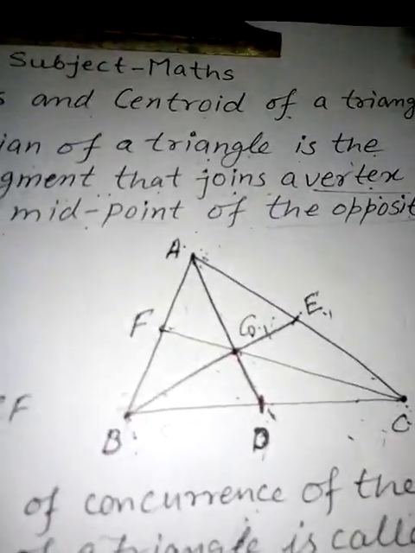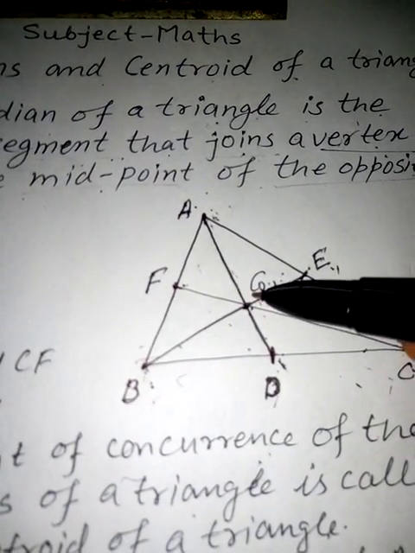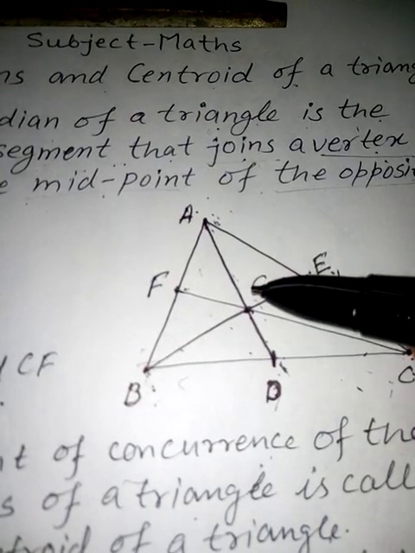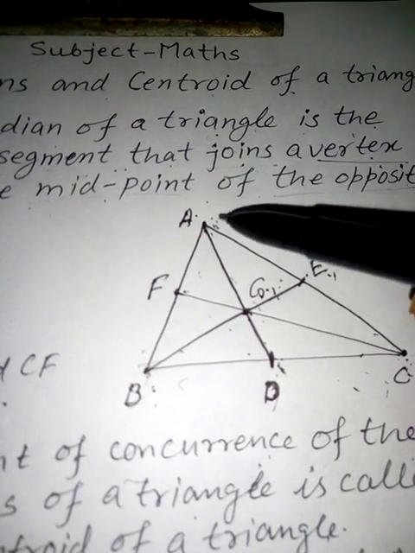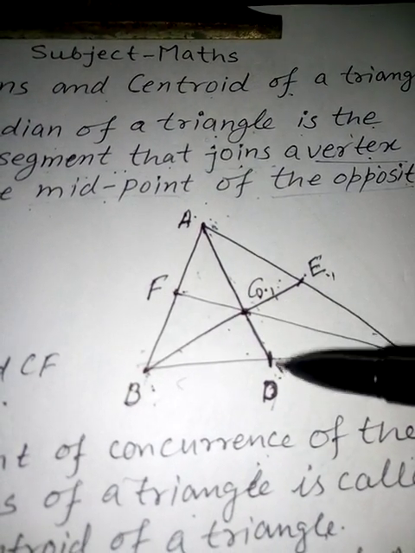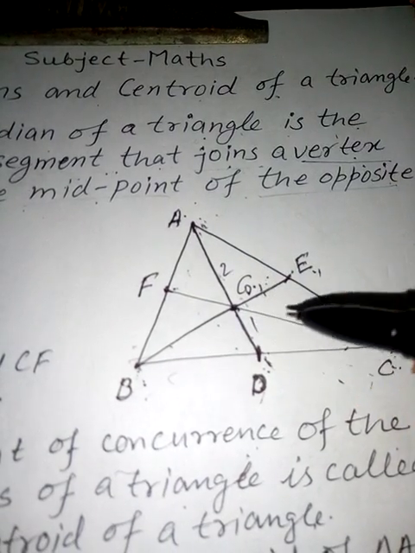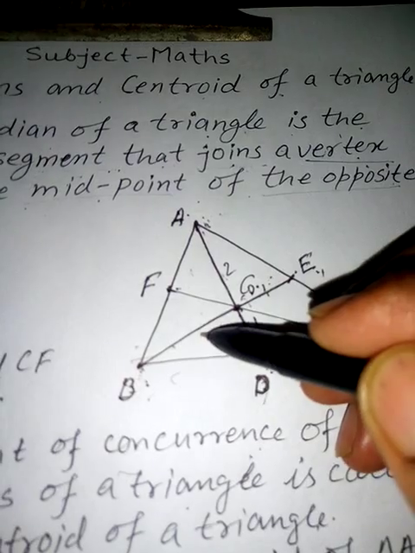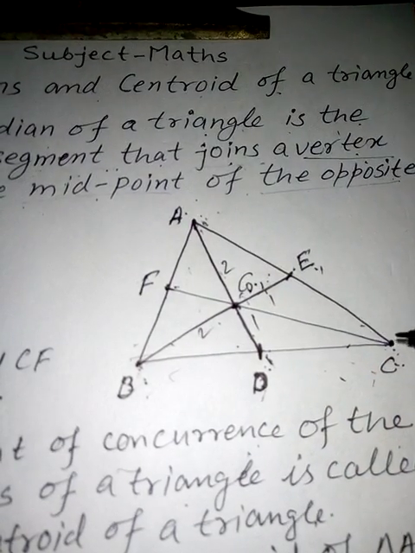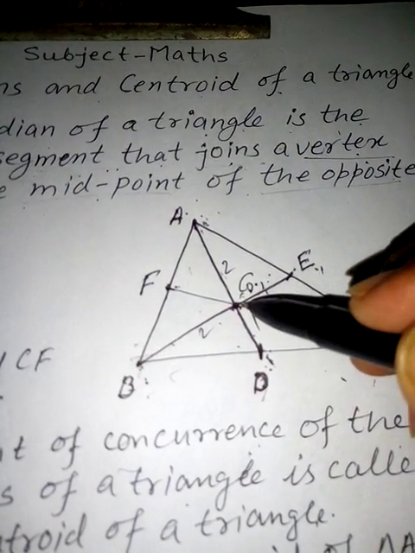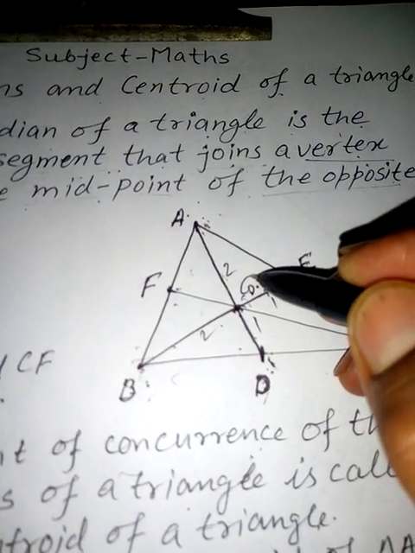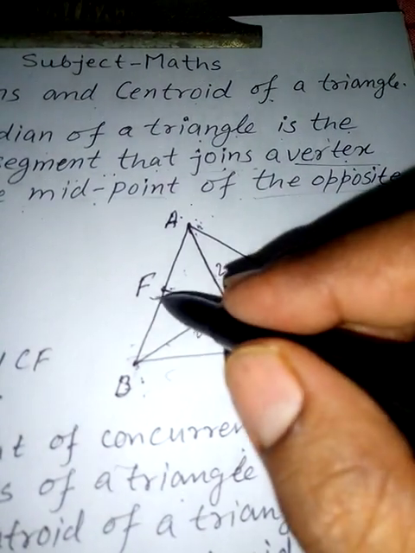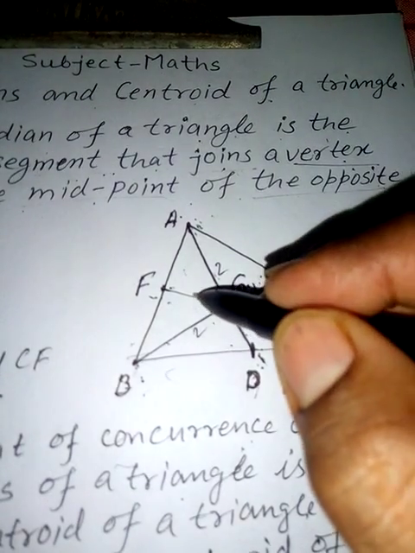Here you can see that G is the centroid of the triangle, and the statement says AG to GD is 2:1, BG to GE is 2:1, CG to GF is 2:1.